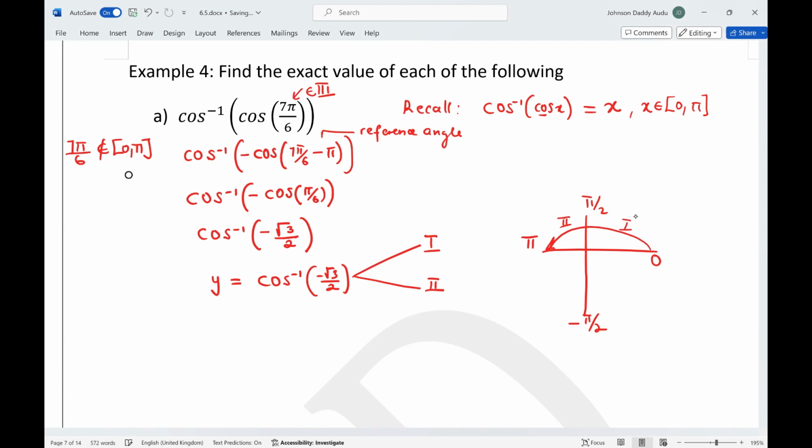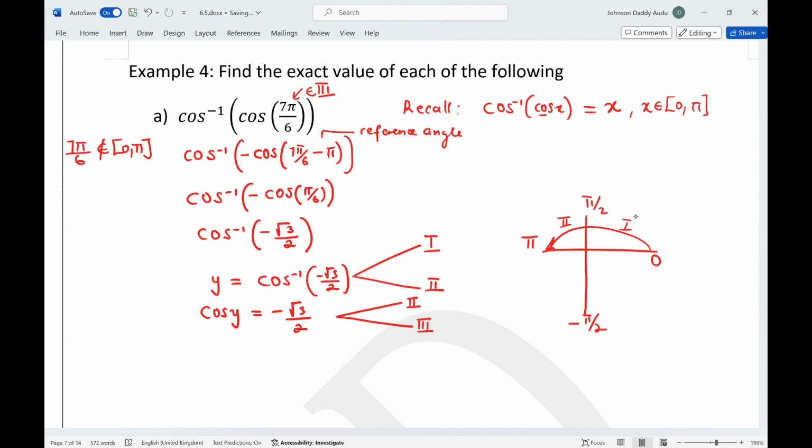Then, if you take cosine of both sides, you will have cosine y equals minus root 3 over 2. Now, cosine is negative in which quadrants? It is negative in the second and in the third quadrant, right?